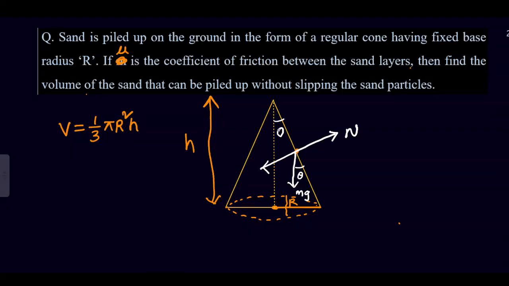Now tell me the components of weight. This component is mg cos theta, isn't it? And this component is mg sin theta. Till here fine, na?